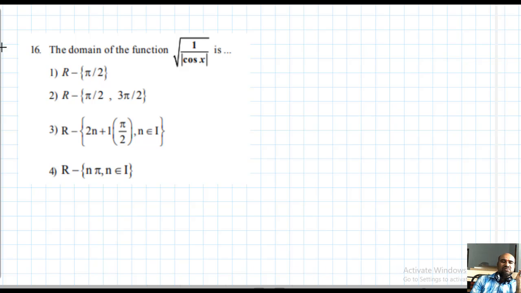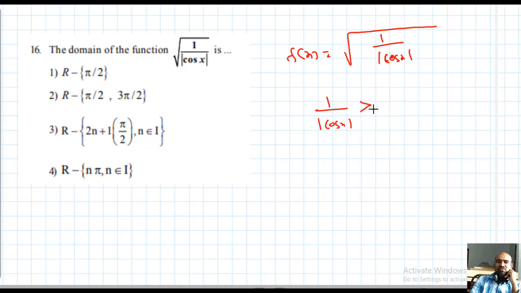Okay students. Yeah, next problem. f of x is equal to root over 1 by mod cos x. Simple problem. So 1 by mod cos x should be greater than or equal to 0. This is always greater than or equal to 0 except for the values of x where cos x equals 0. Those values should be subtracted from all real numbers. If cos x equals 0, then f is not defined.